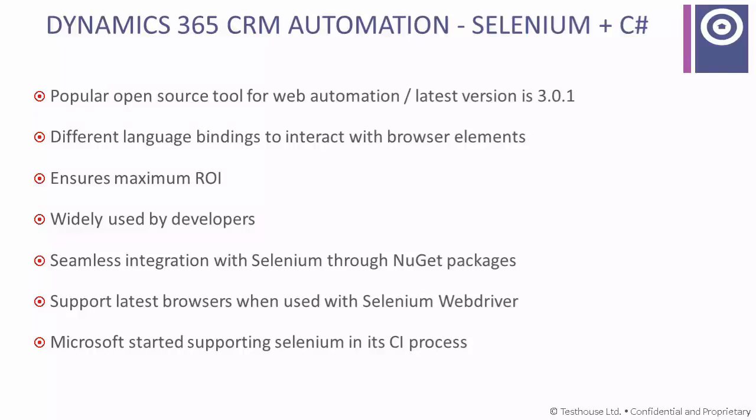For the demo today, we have selected C# as the Selenium binding. The scripting platform is Visual Studio, in which we are using Community Edition, that is free. Visual Studio's capability to pull NuGet packages allows it to use the latest version of Selenium with most modern day browsers. Also, Microsoft started supporting Selenium automation in its CI process.